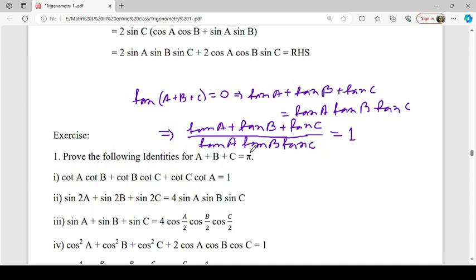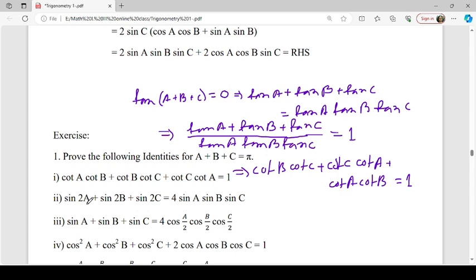So tan a by tan a tan b tan c, it is cot b cot c. So now first term is cot b cot c, next term is cot a cot c or cot c cot a, and third term is cot a cot b. This is equal to 1.